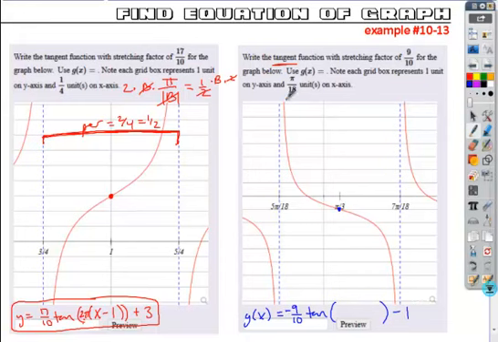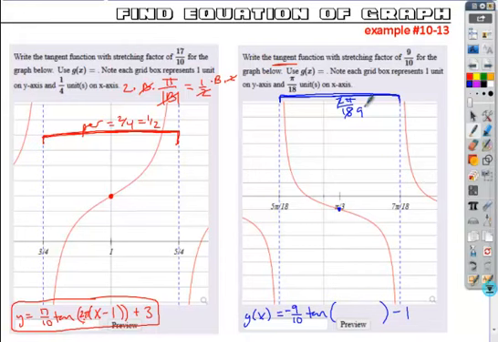And the next thing I'm going to do is find my total period. So the period of my tangent graph is the distance between any two consecutive asymptotes. So what is the distance from 5 pi over 18 to 7 pi over 18? So when you're looking at those, you have 2 pi over 18, or pi over 9 for your total period.